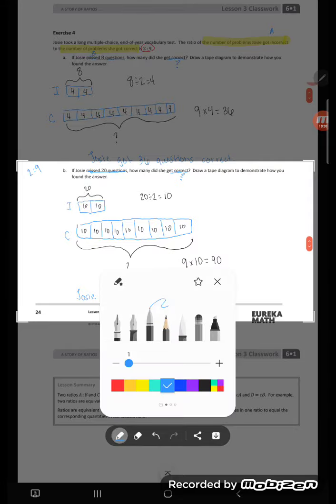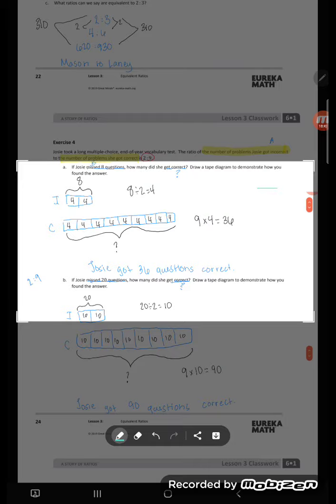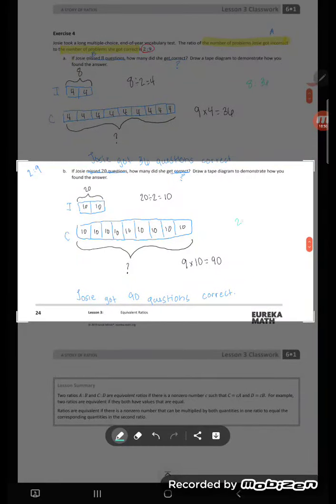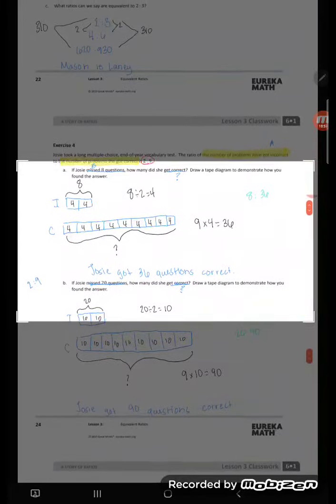Let me give you a hint. Our ratios we just created, the first one was 8 to 36. This one was 20 to 90. That might or might not help you with our ratios.